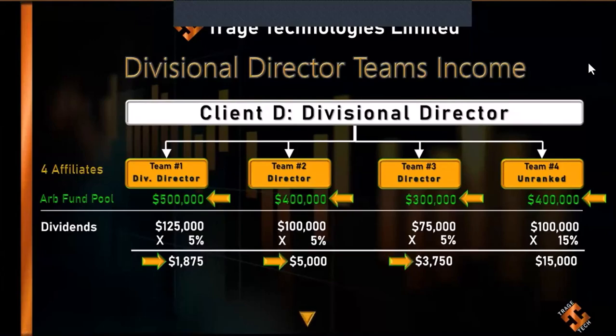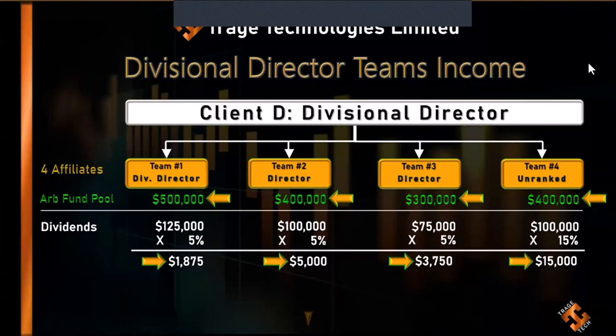Team 4, another director, he only has $300,000, so 25% of that is 75,000. You're making 5% of that. That's 3,750, right? Then team number 4, not a director, he has about $400,000. 25% of that's $100,000. You're making 15% because that person's not a director, so you get the complete 15%. 15% of 100,000 is $15,000, right?